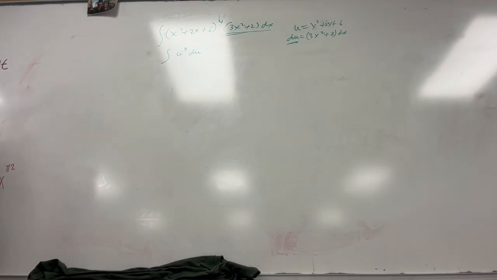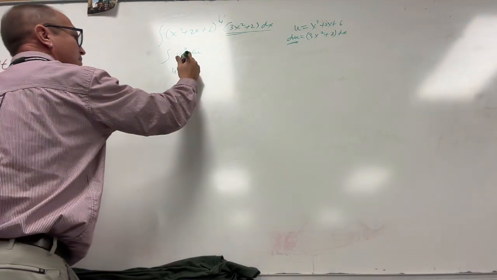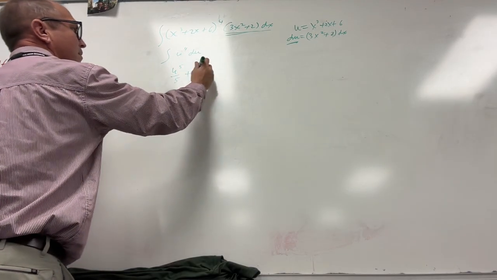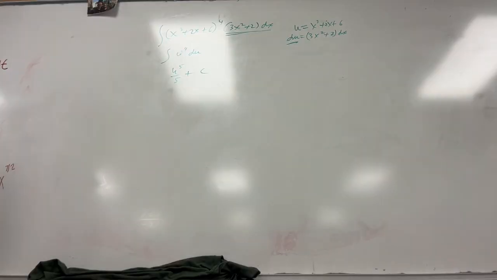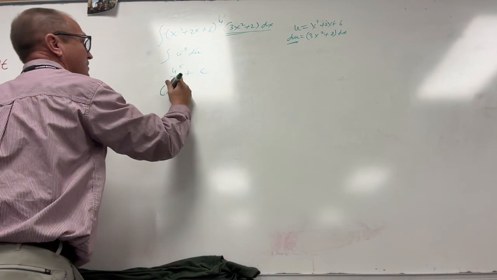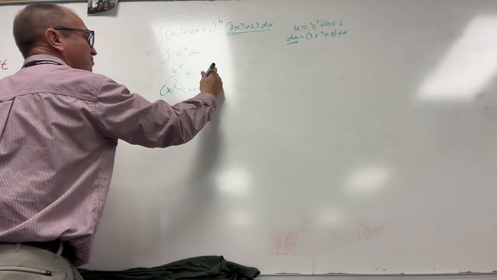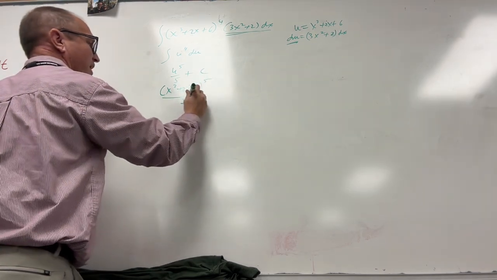All right, and what is the antiderivative of u to the 4th? u to the 5th over 5 plus c. And u to the 5th is this: x cubed plus 2x plus 6 to the 5th over 5 plus c.